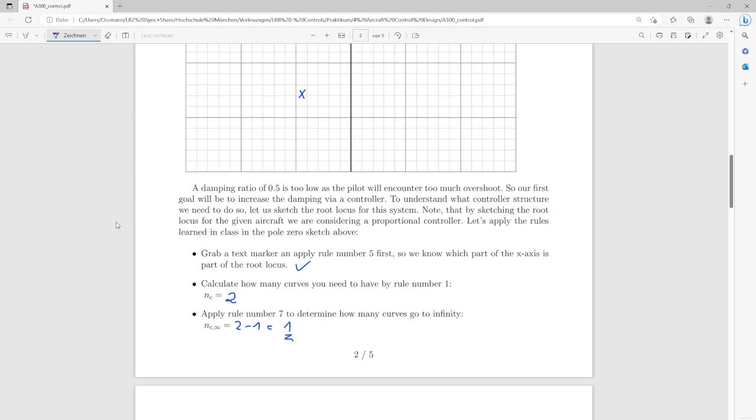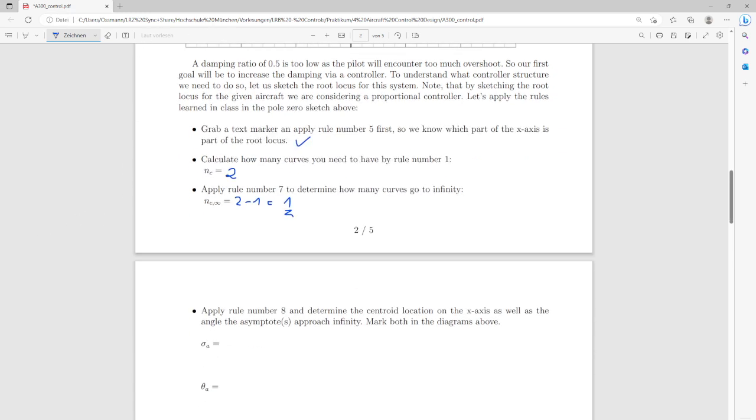Okay, so determine the centroid location as well as the angle of the asymptotes. Well, for the centroid location, we need to add all the real parts together. So we have minus 0.9, minus 0.9. We've got that twice, right?